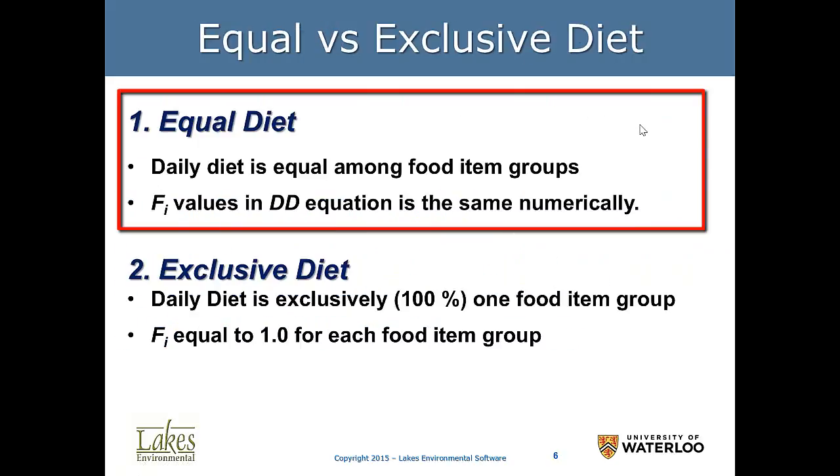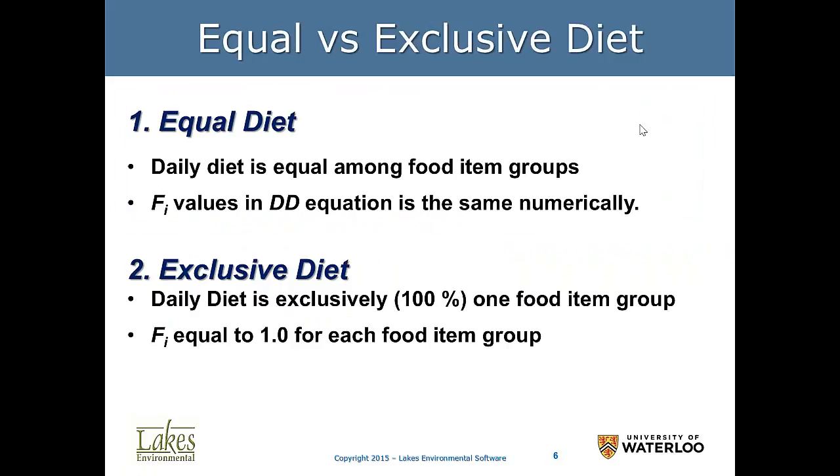When we're doing equal diet, all the products eaten will be the same among all the groups. So if it is an eagle and it eats lizards, snakes, small rabbits, and small other rodents, then it'll be 25% of each of these. So we call that equal diet, equally among these four.